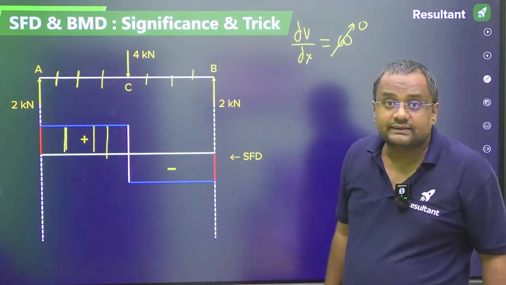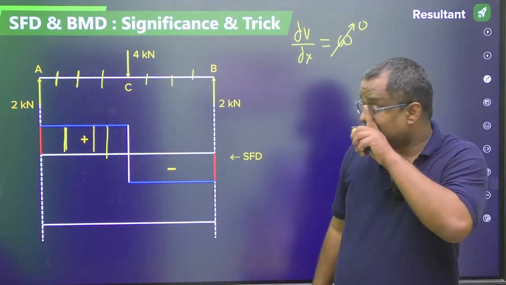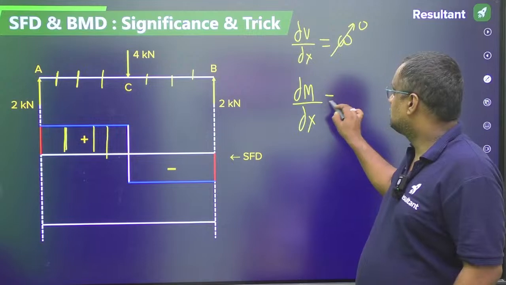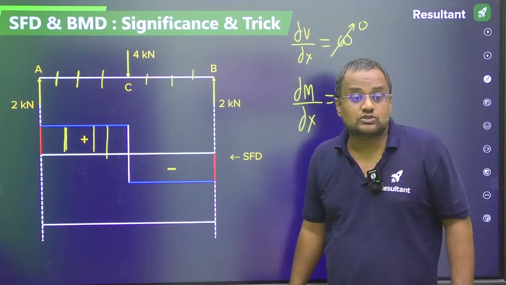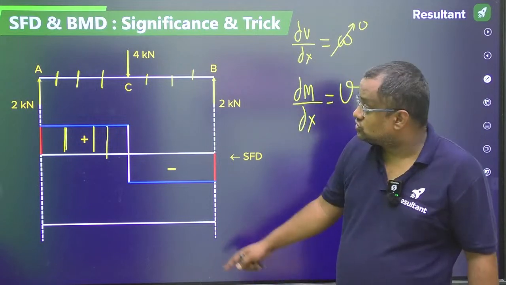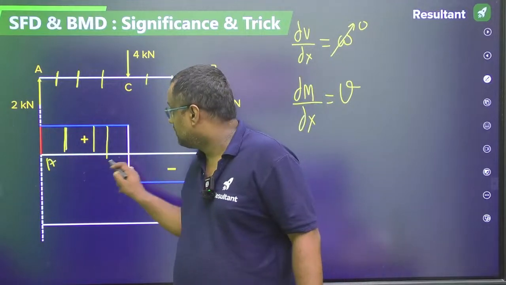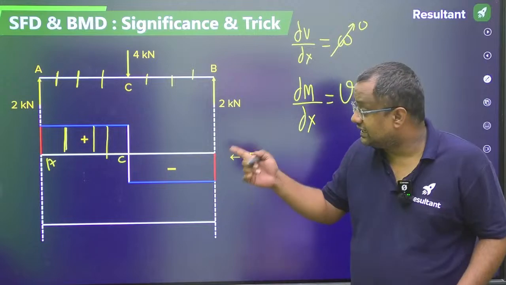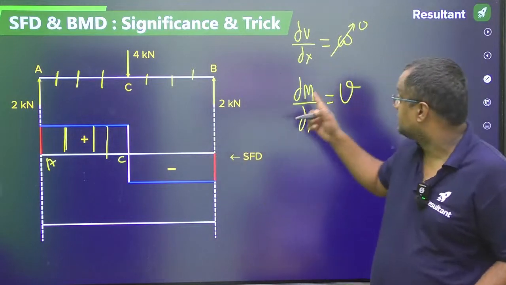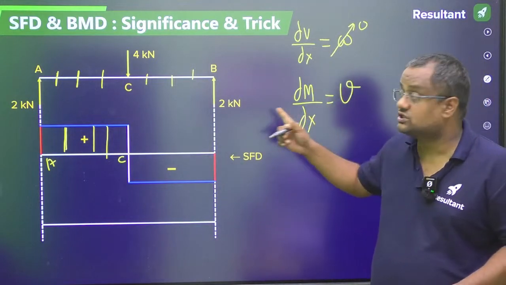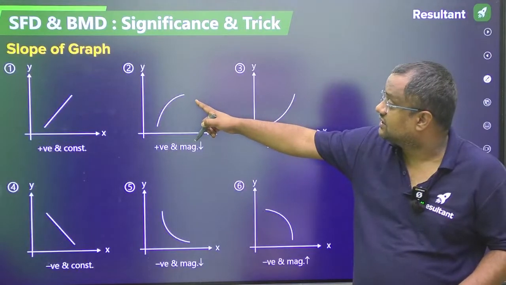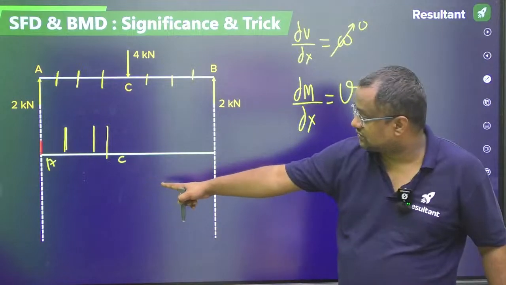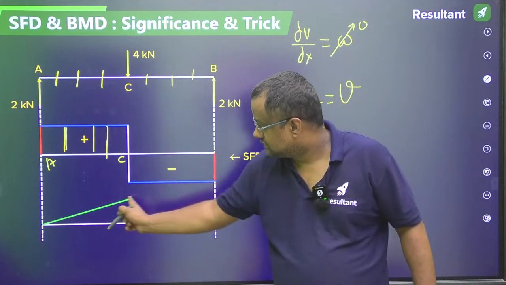Now bending moment. What is the bending moment slope? dM by dx. What is the slope of bending moment? Shear force. So from A to C, shear force is positive and constant. So bending moment slope is positive constant, graph number 1. So draw graph number 1 here, like this.